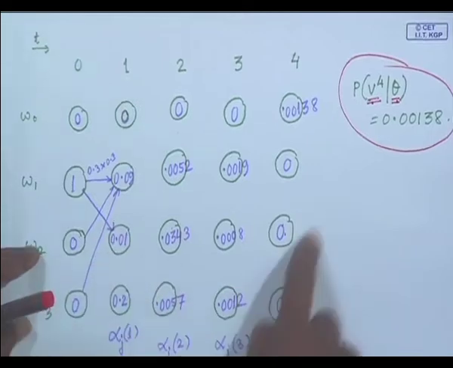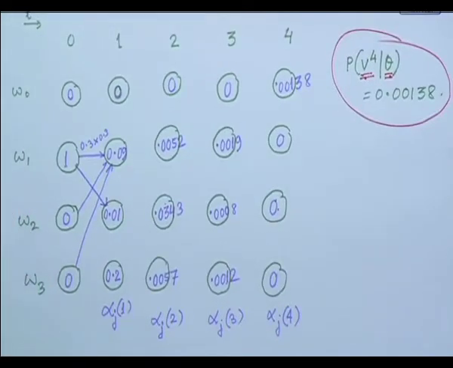If I try to find out this most probable sequence of hidden states, I can simply say that at every time step, I only consider that state which is most probable.